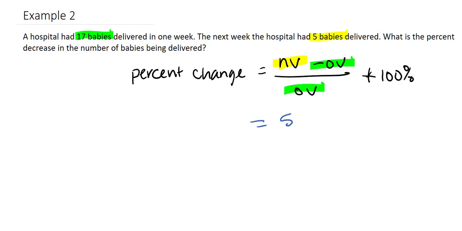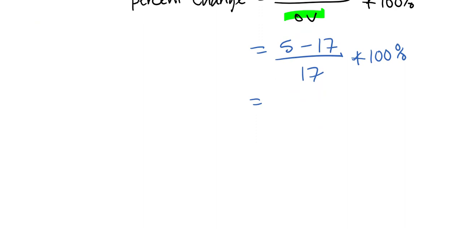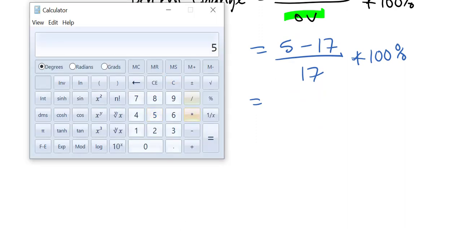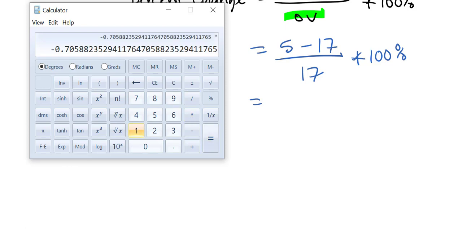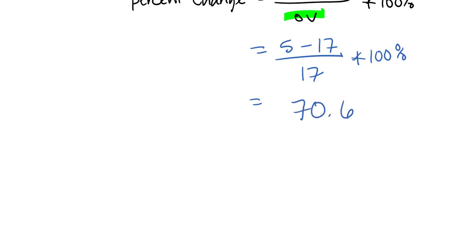So we have 5 minus 17 over 17 times 100%. So we can just get our calculators out, and go 5 minus 17, that's negative 12, over 17 times 100%, and we get negative 70 point, and we'll just round to the nearest tenth, so 0.6.